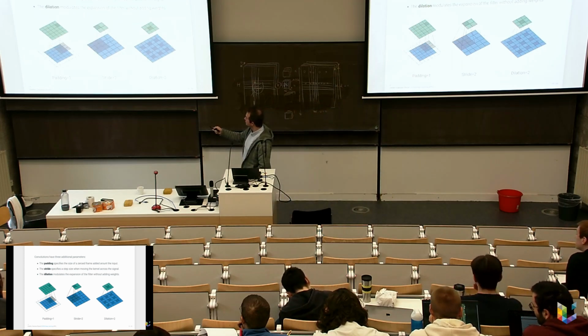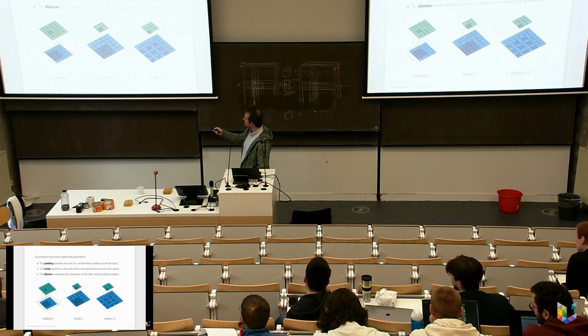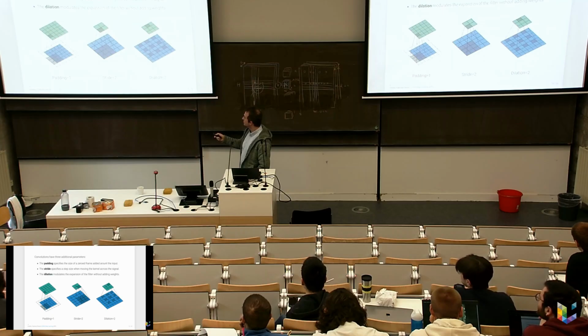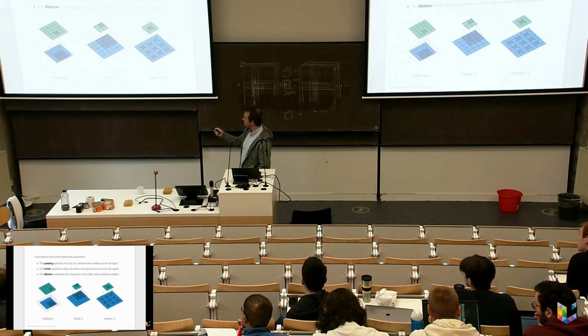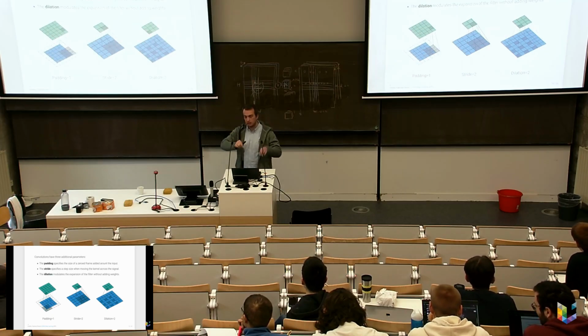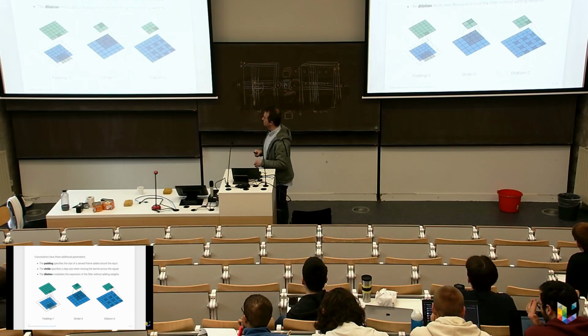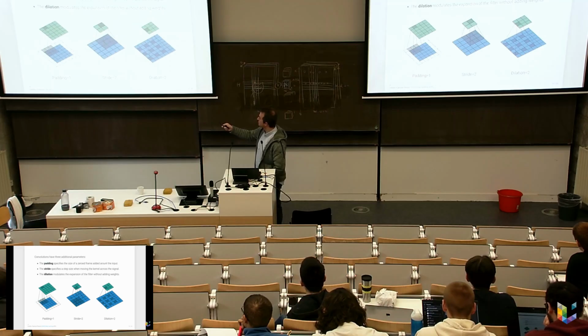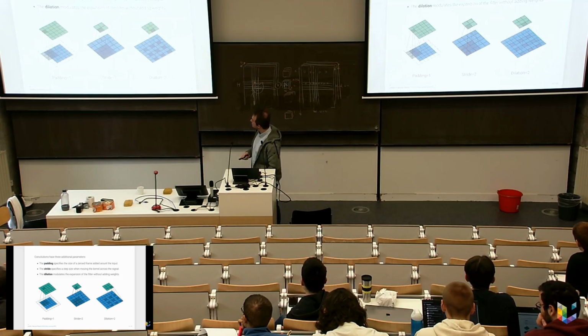So here you see, for example, if you start from a 5x5 image with a 3x3 kernel, and you add a padding of 1, so you add one extra layer of pixels around the input, then the result becomes a 5x5 image instead of a 3x3 image.